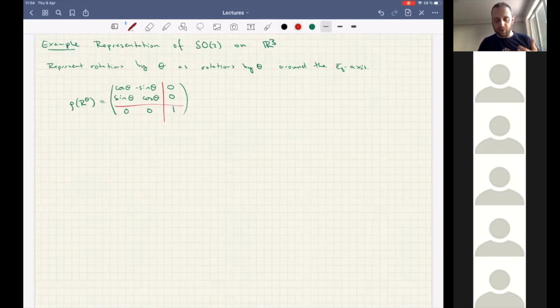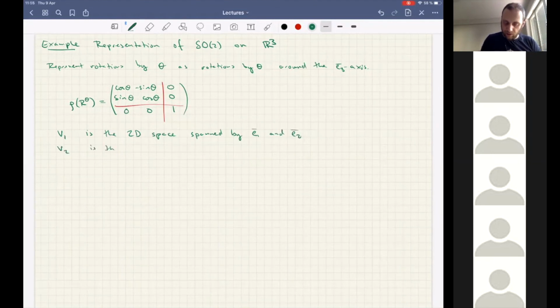So what does this mean? Well, if we look at the invariant subspaces here, what are those spaces that we're acting on? So V1 in this case is the two-dimensional space spanned by E1 and E2, while V2 is the 1D space spanned by E3.